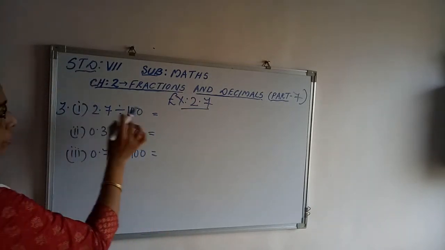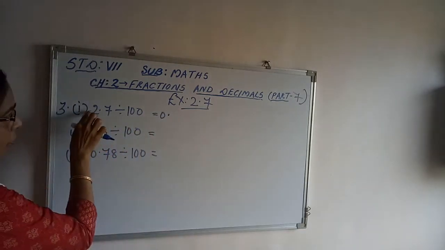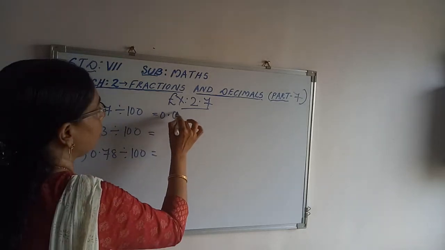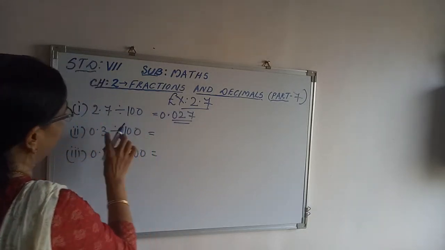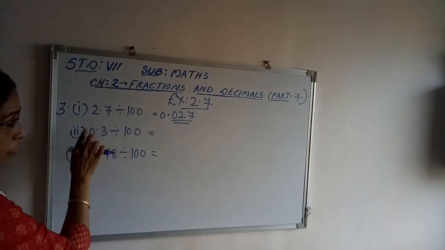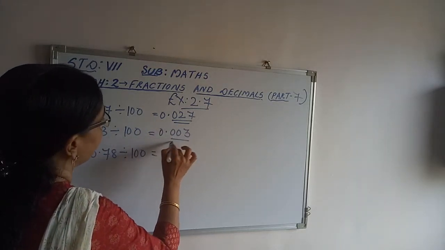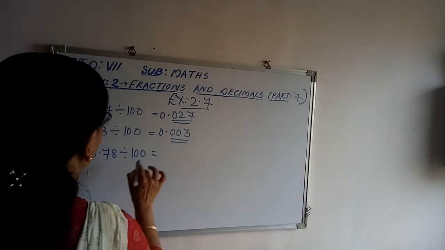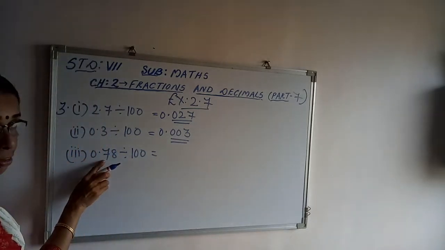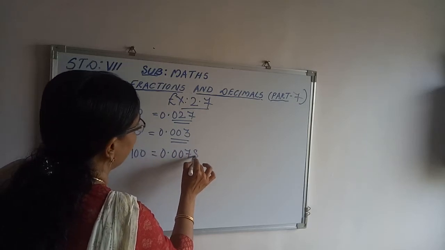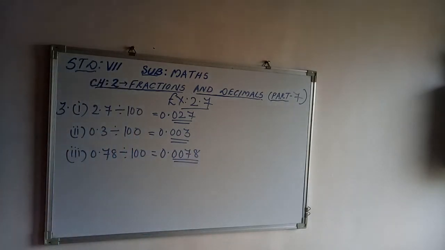So 2 to the left, it becomes 0.27. Here also how many places? 2 zeros. So 0.003 is the answer. And next one, same way here also. How many zeros? 2 zeros to be given. 0.0078. Okay. Now question 4, 5 and 6 you have to try.